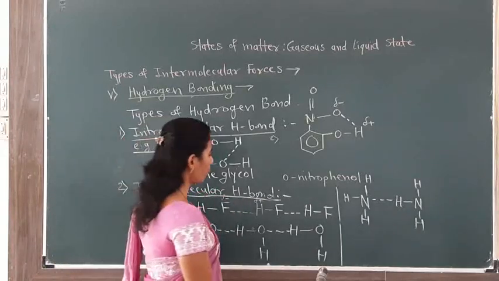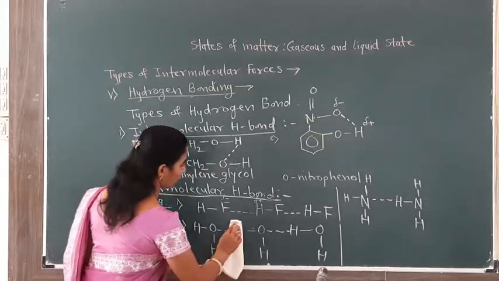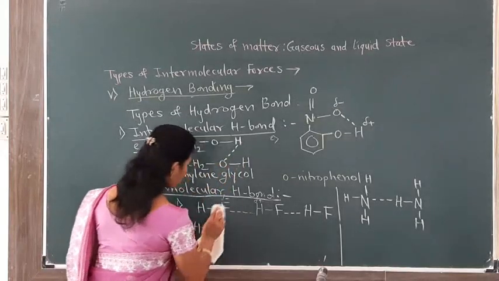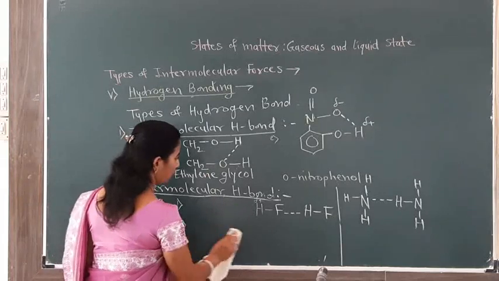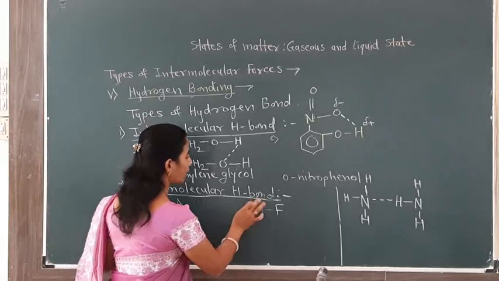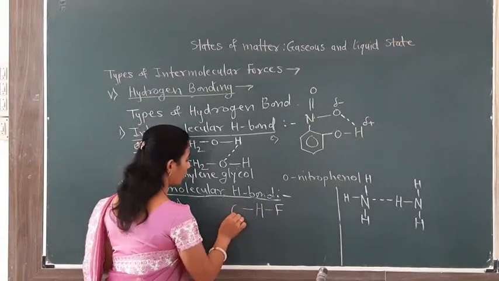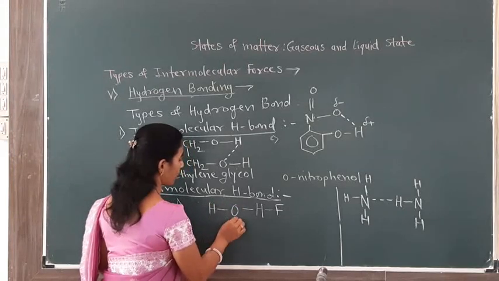Similarly, you can show the hydrogen bonds within different kinds of molecules. Now let's see, suppose here is the HF molecule. Now this HF molecule can form a bond with the water molecule in this manner.